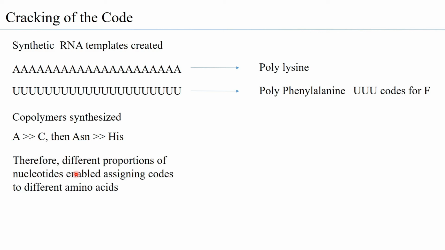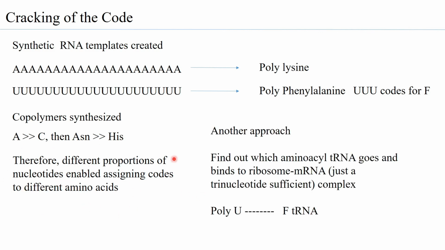But there was another approach that was done to corroborate whether this is true or not. The other approach was to find out which aminoacyl tRNA binds to the ribosome when the ribosome is bound to the mRNA. Interestingly, only a trinucleotide was synthesized, and that trinucleotide was bound by the ribosome.